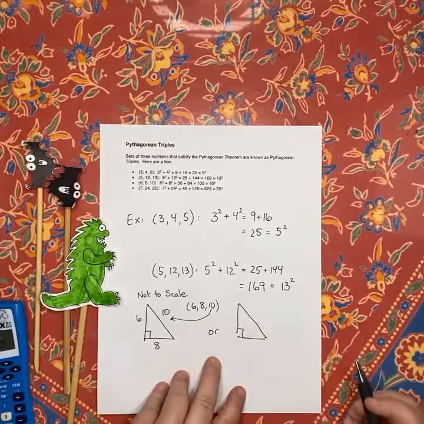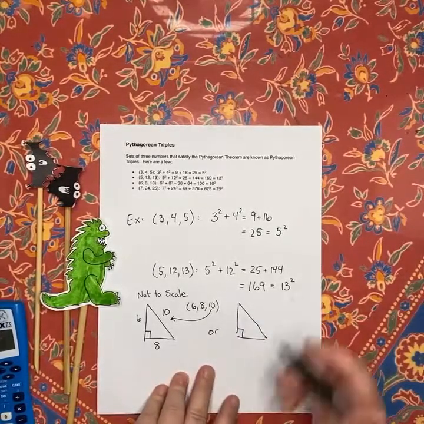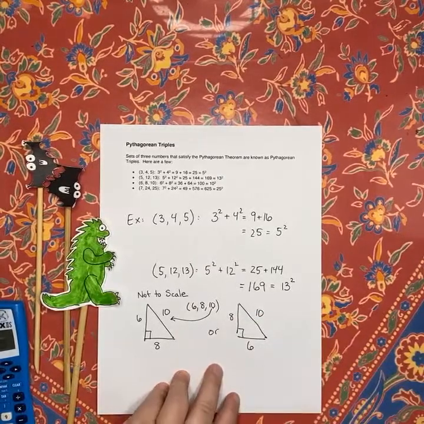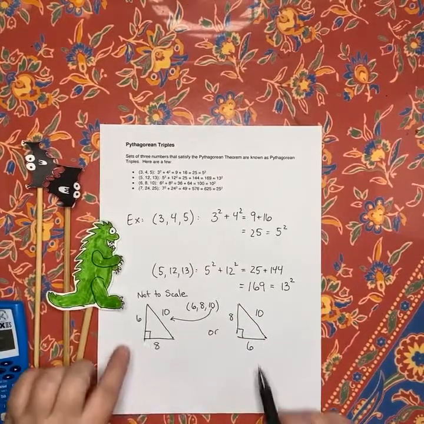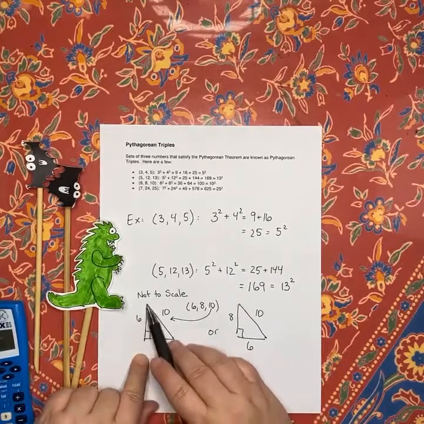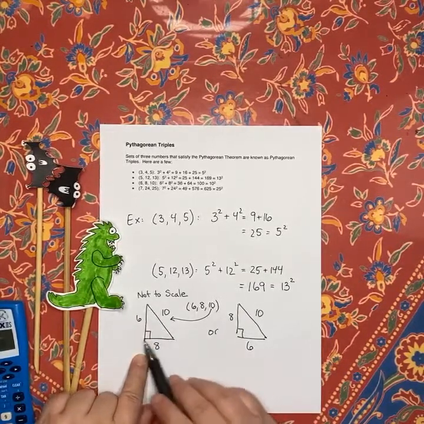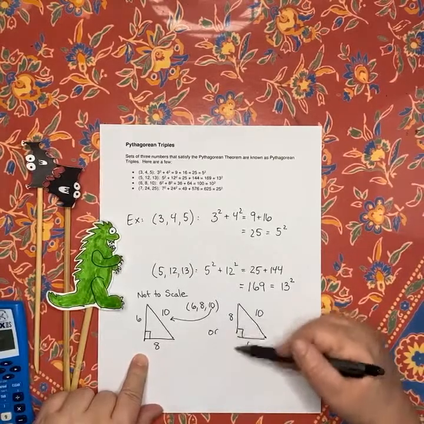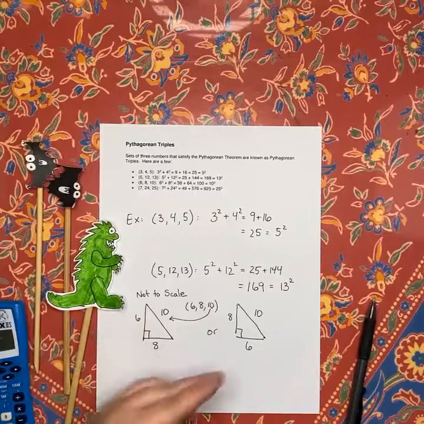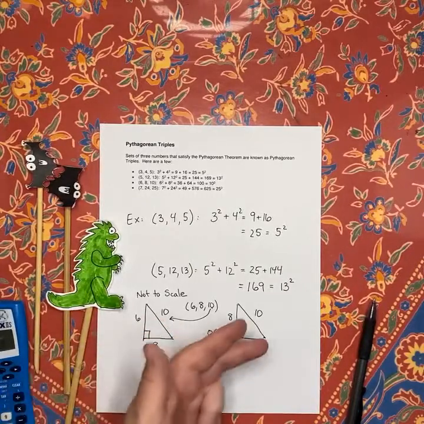Oh my goodness, I got so excited. My right triangles are just going completely off the rails there. Can I convince you that these two triangles are the same triangle? I know this one says 6 is the standy uppy one and 8 is the lie downy one. And this one says 8 is the standy uppy one and 6 is the lie downy one. But can I convince you that this triangle is just this one sitting in the other way?